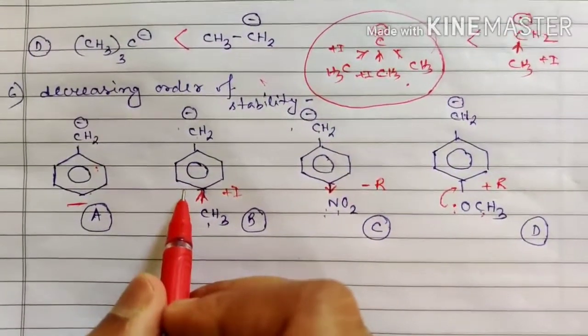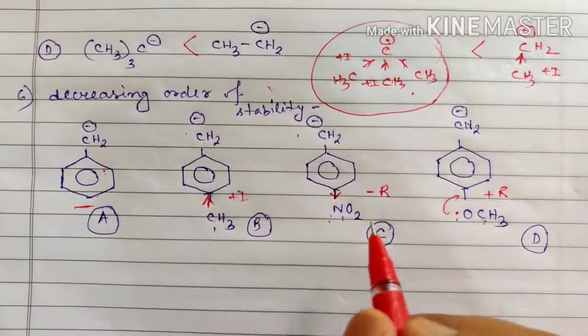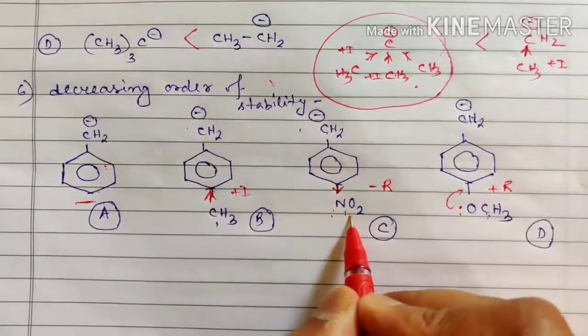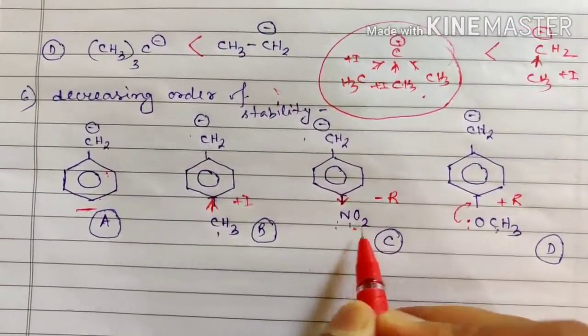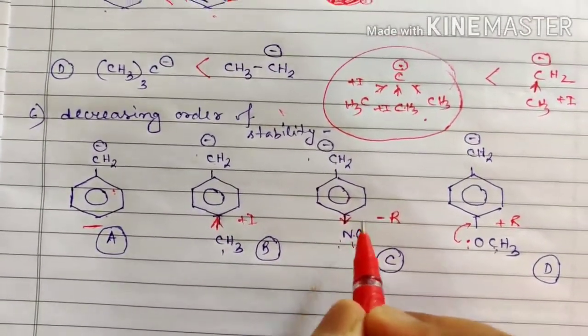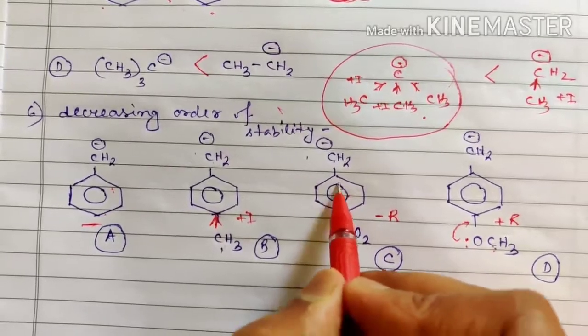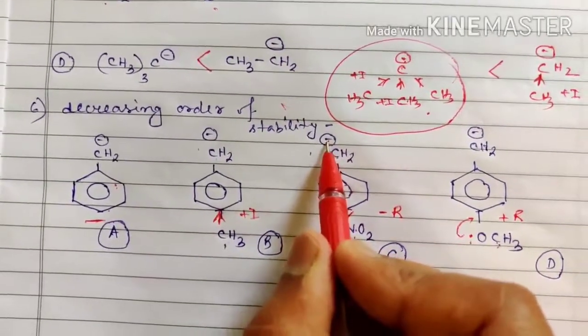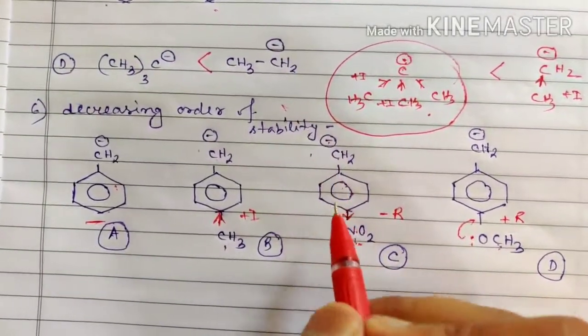So the first one, NO2, withdraws the electron from the ring, and the ring will then have the chance to further drag the electron from the CH2 minus.